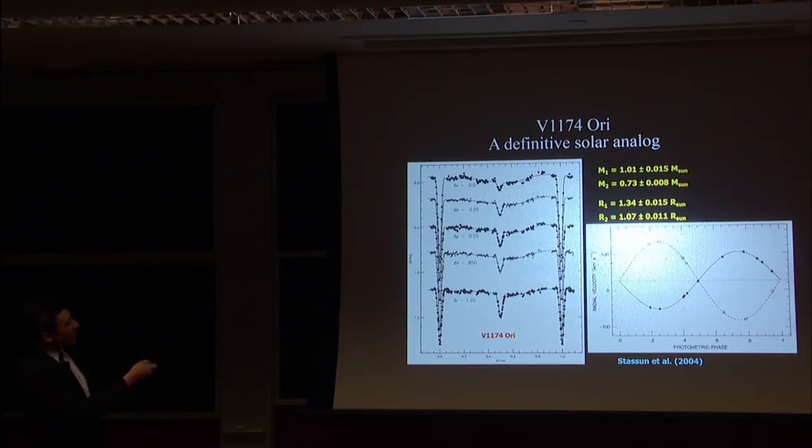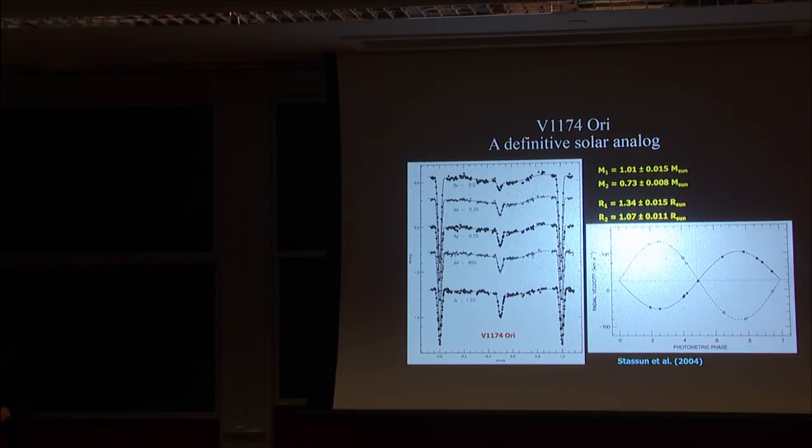So for example, there's clearly a spot modulation signal in the light curve. Those spots can introduce radial velocity variations, but you can simultaneously model that, and through a global solution, you can actually account for the spot signature both in the light curves in the eclipse model and in the radial velocity orbital solution. And in the end, you end up with these phenomenally precise fundamental measurements.